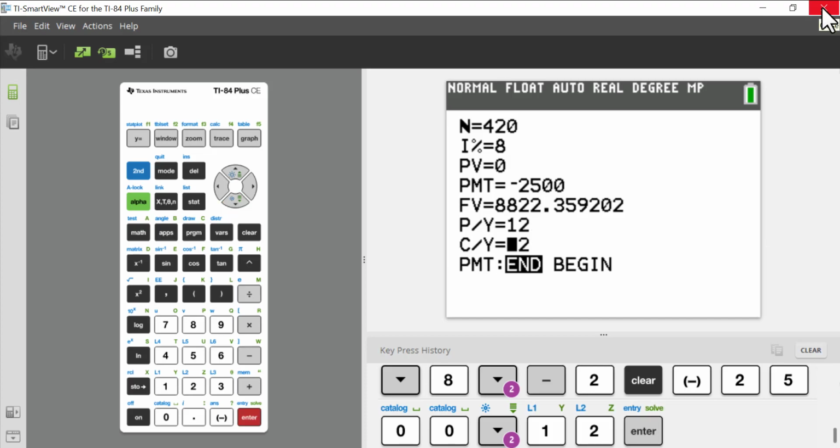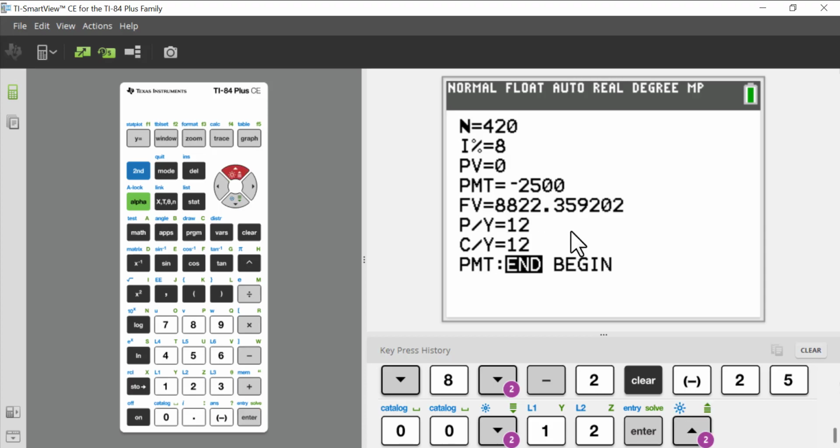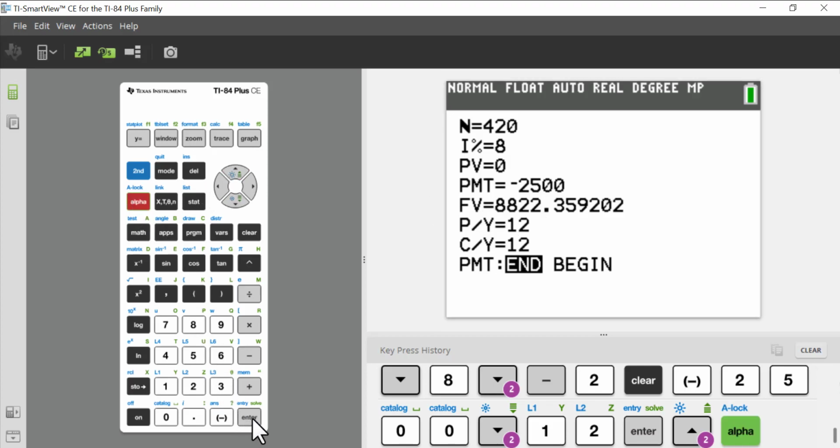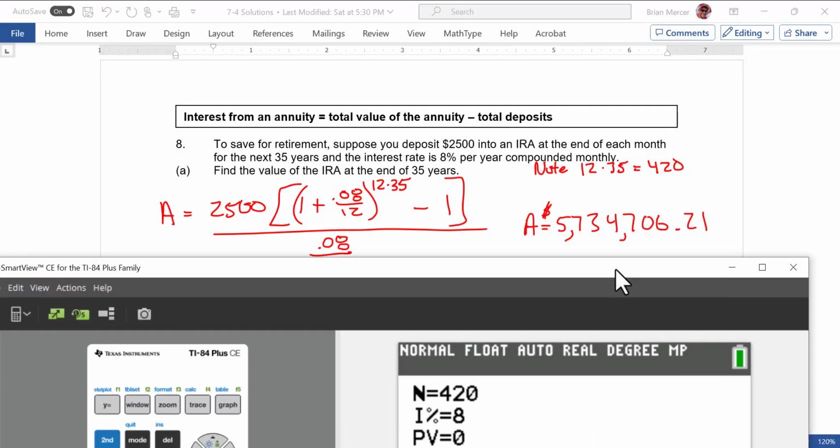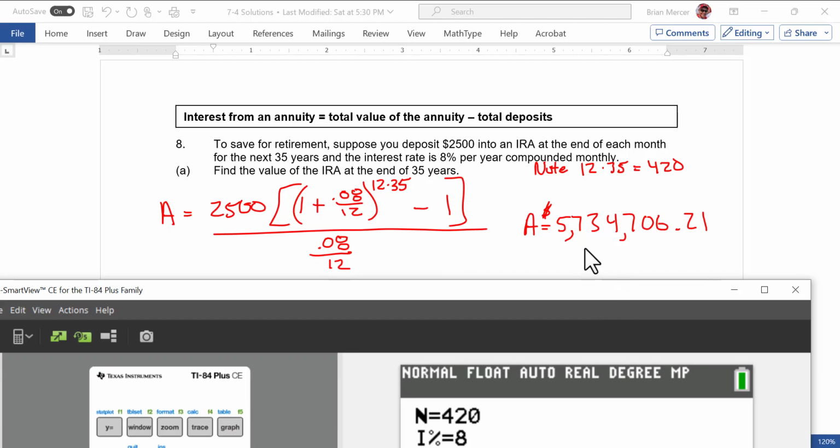And compoundings per year, as soon as I hit enter, it changes to 12, and I go up to future value, and it has that other number from the previous problem. But when I hit alpha and solve, I get $5,734,706.21, and that's exactly what you get if you do this calculation correctly.